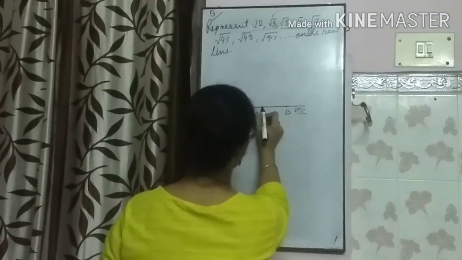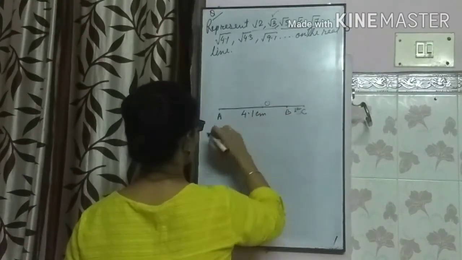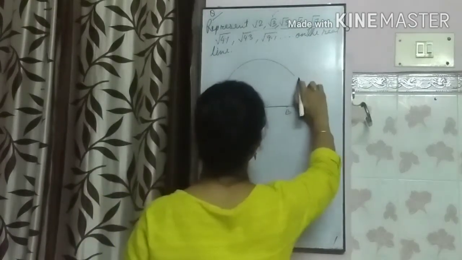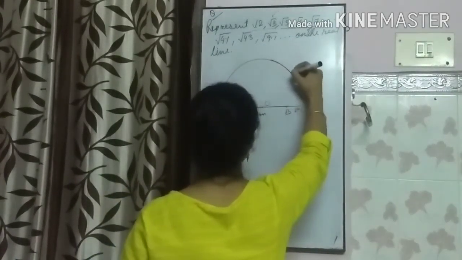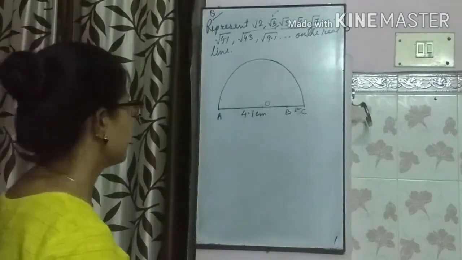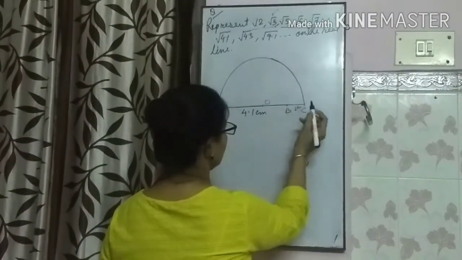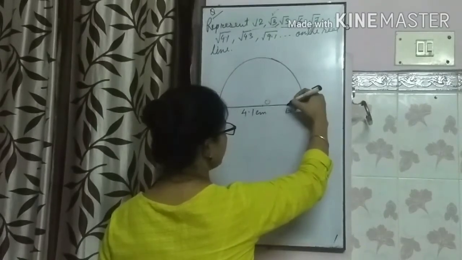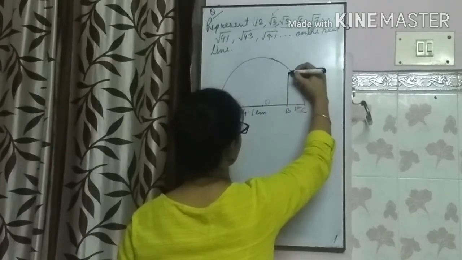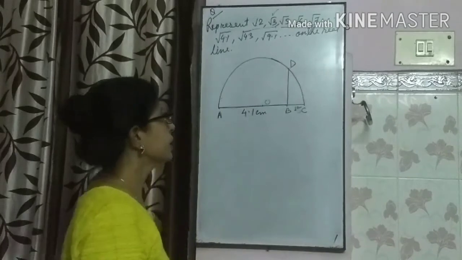So say it is the midpoint, taking as O, we will make half circle. So half circle is made. Now on this half circle, taking B as a point, we will make a perpendicular. It will touch at some other point, say it is D.